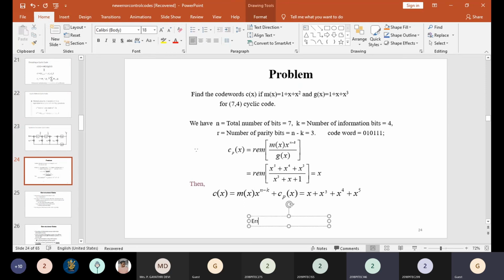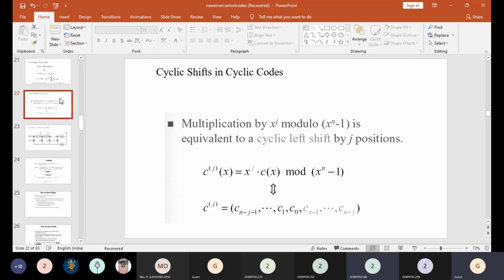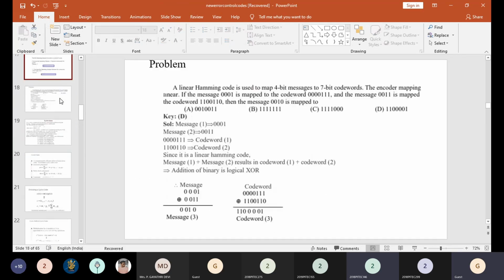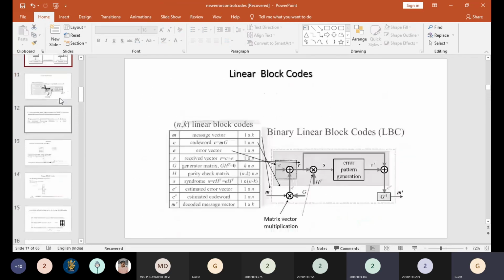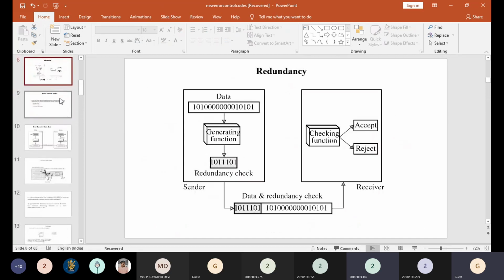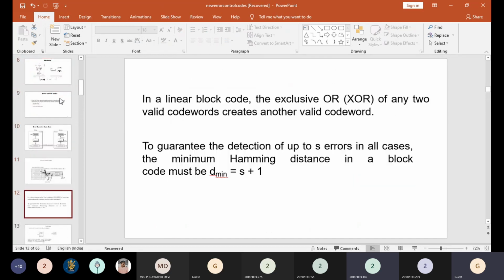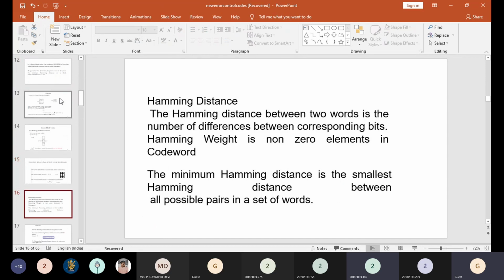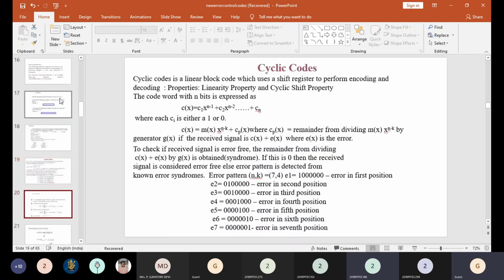So do work out problems on linear block codes and cyclic codes, which we have seen as of now.